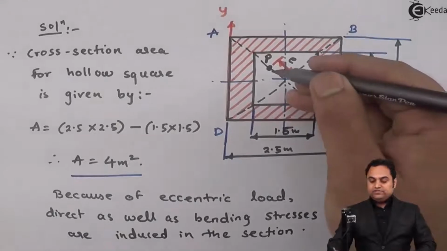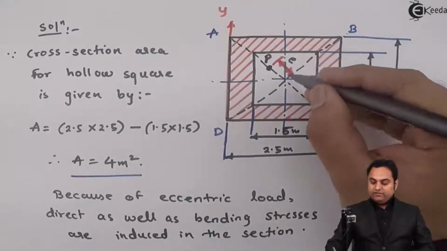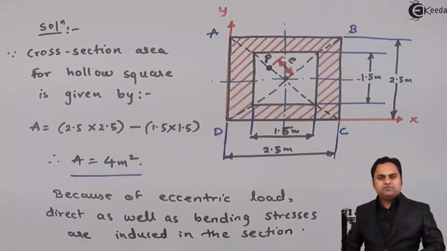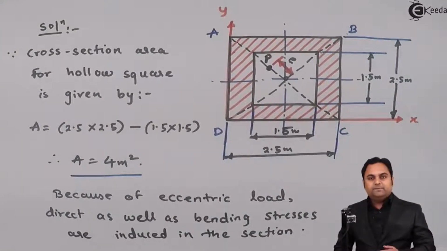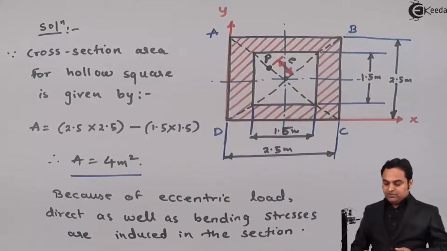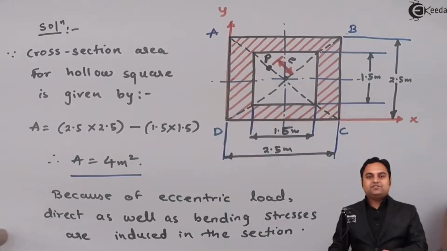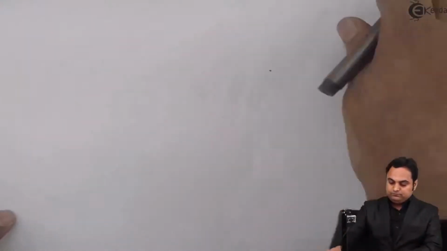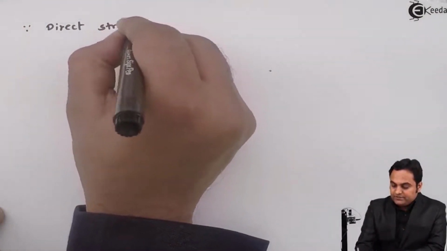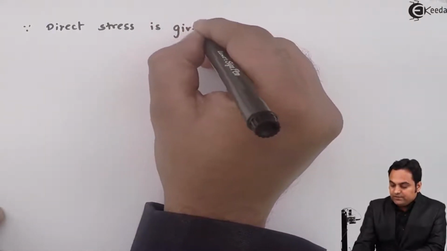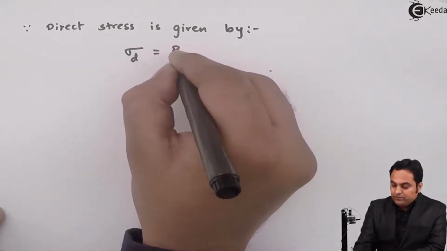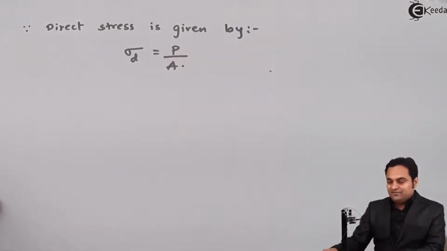So as the load is eccentric, otherwise if the load would have been axial, that is passing through the axis, then it would have been only direct stress, which is compressive, no need of bending. But here, since it is eccentric, there is direct as well as bending stress. So let us go for the calculation of direct stress first. Since direct stress is given by sigma suffix d is equal to P upon A, that is load upon area.